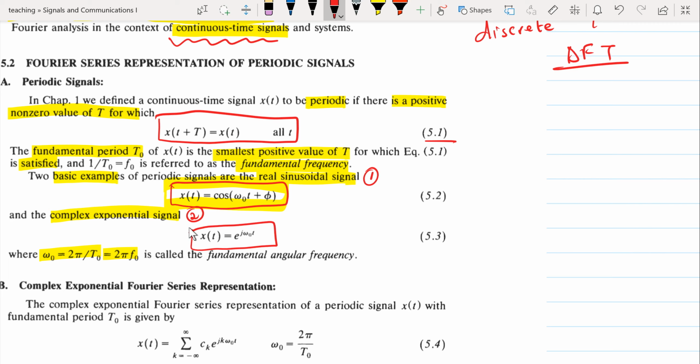What we notice about these two basic examples is that we are always able to determine their fundamental angular frequency, omega naught, to be equal to 2 pi over T naught. It is also equal to 2 pi times the fundamental frequency f naught.